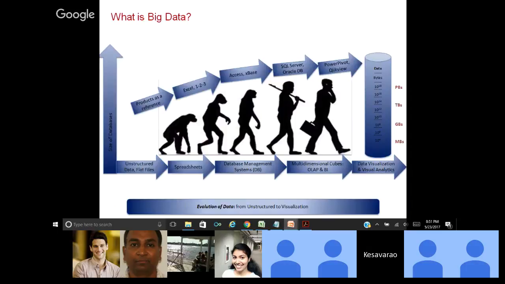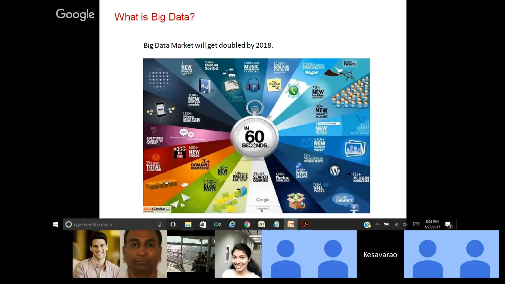Again, you see the size of data growth happening from megabytes to gigabytes, gigabytes to terabytes, terabytes to petabytes. It's growing exponentially. If you ask why anybody would care about big data solutions or big data analytics nowadays, this is the main reason. It is growing like that, so there is no option. It's not a choice anymore.